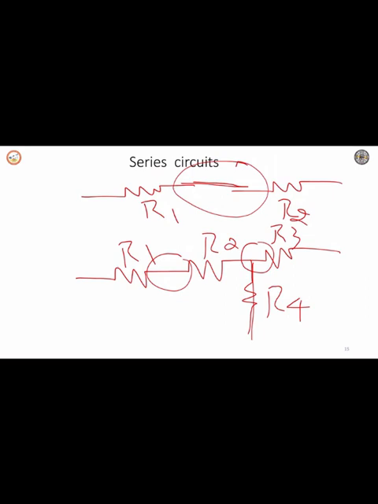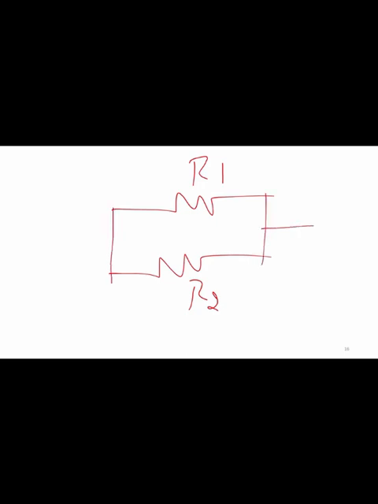And now if you consider the parallel circuit, there is only one condition to be followed. For example, if this is R1 and this is R2, both the resistors have two terminals, and both the terminals must be common.